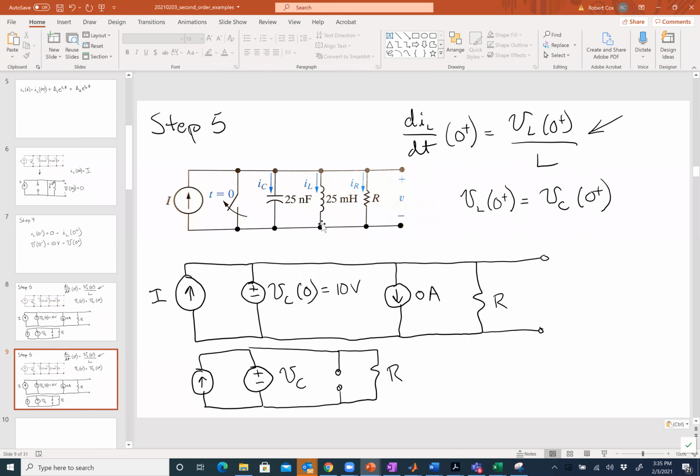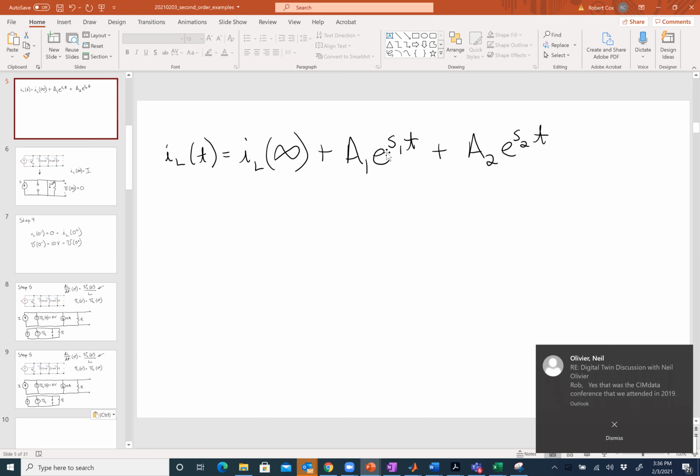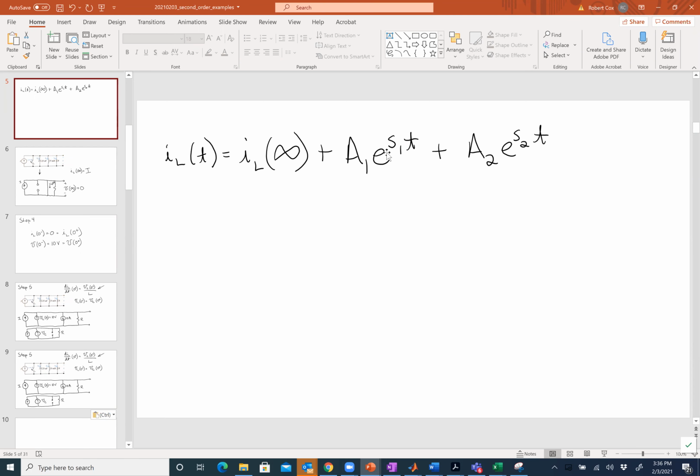I need that because what I have is the solution to a differential equation, and differential equations always require two initial conditions, one for IL and one for its derivative. So it's bad to think of this process as different from anything you learned in 2254 or in differential equations, 3432 or whatever.